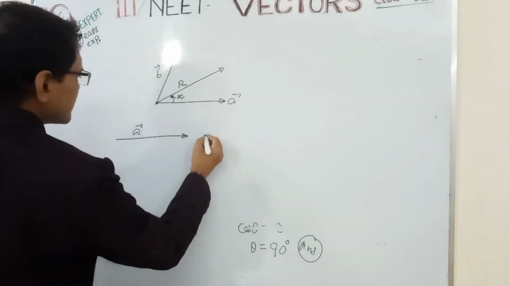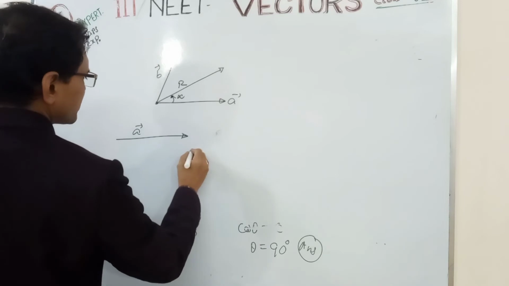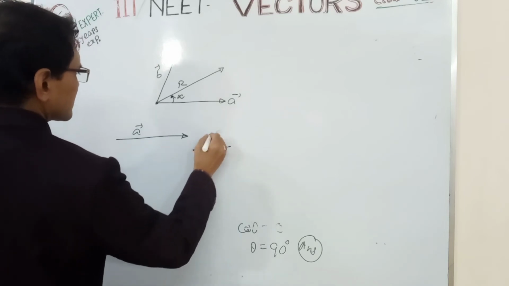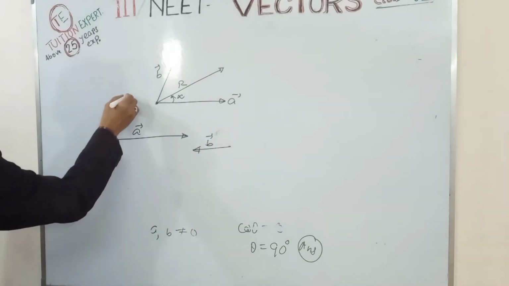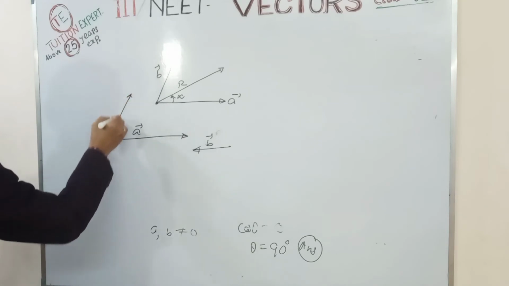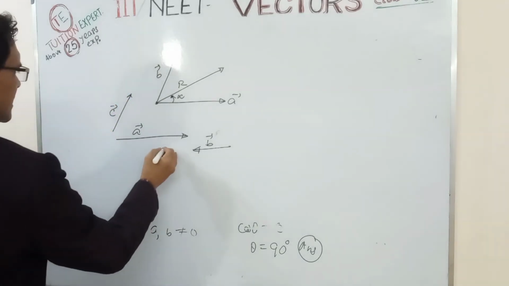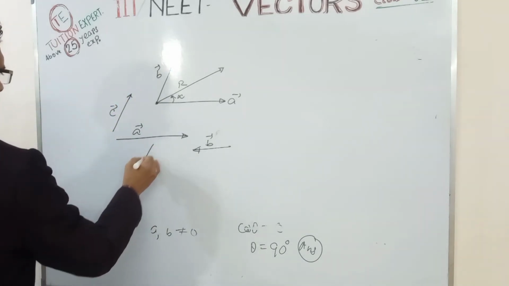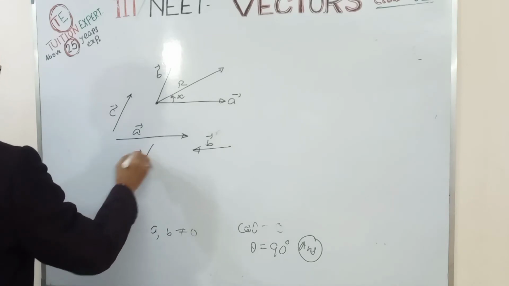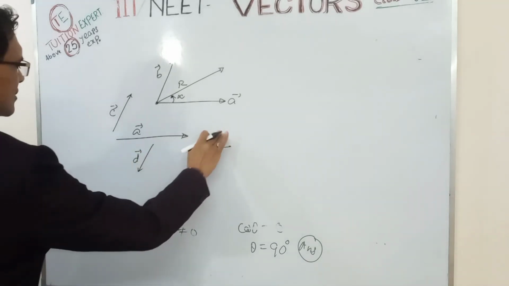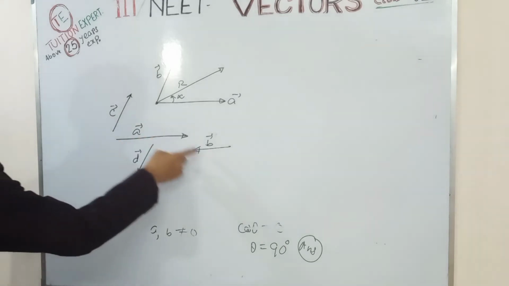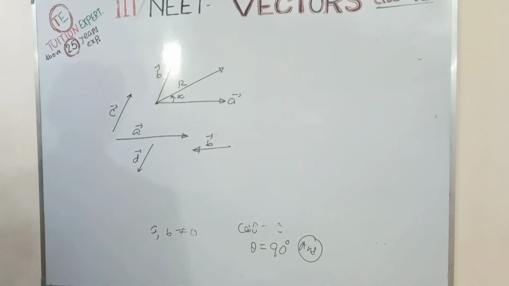Now, if you are asked what is the resultant of the vectors: suppose this is vector A, this is vector B, this is vector C, this is vector D. Four non-localized vectors are present.